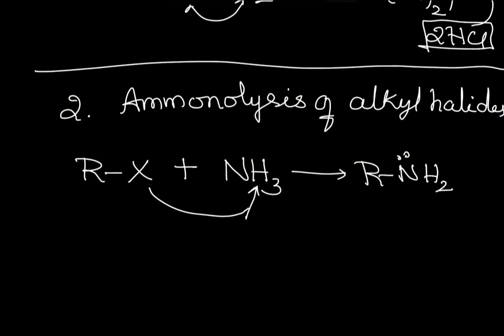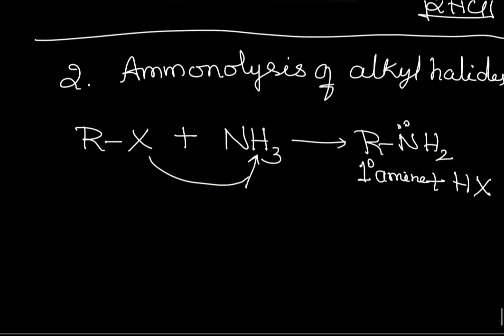What happens to the hydrogen and halogen? It converts into hydrogen halide. So you will get a primary amine. But the problem with this reaction is that even the primary amine reacts with alkyl halide.